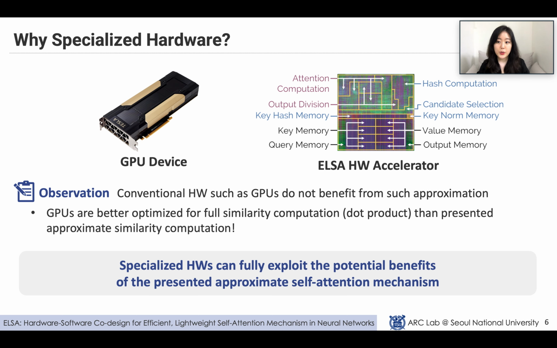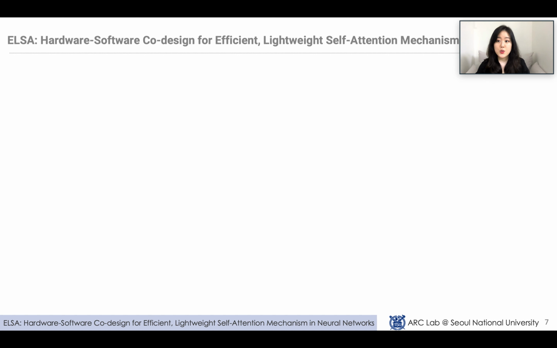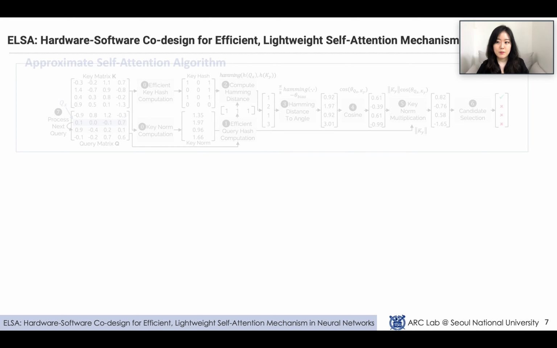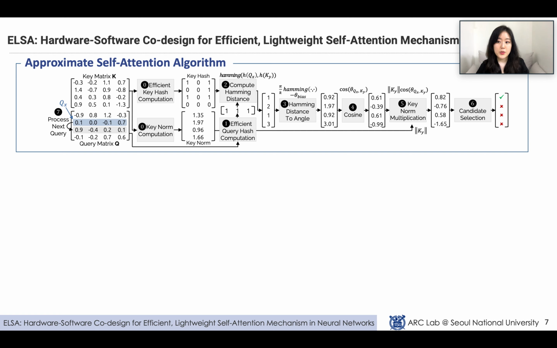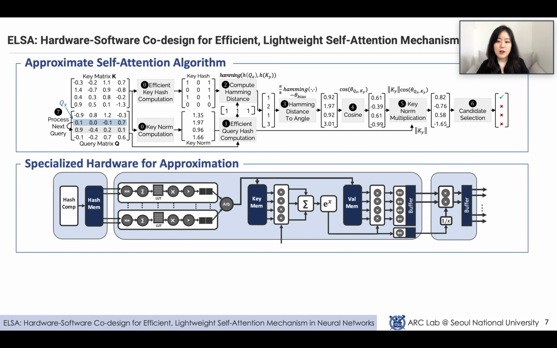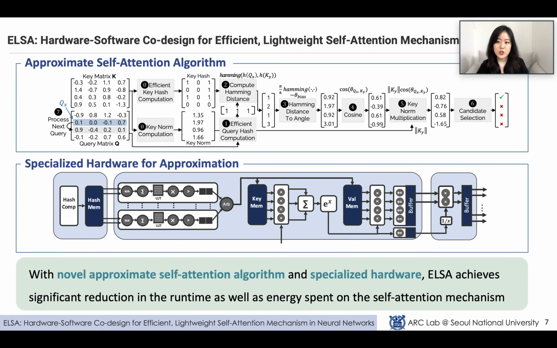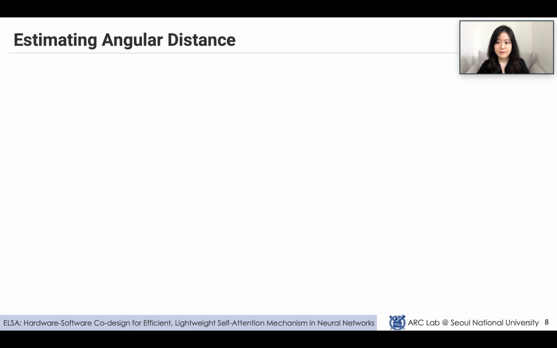To fully exploit the benefit from the reduced computation requirement of the approximate self-attention mechanism, we need specialized hardware. Thus, we introduce ELSA, hardware-software co-designed for efficient, lightweight self-attention mechanism. We present a novel approximation algorithm and a specialized hardware so that ELSA achieves significant reduction in runtime as well as energy spent on the self-attention mechanism.